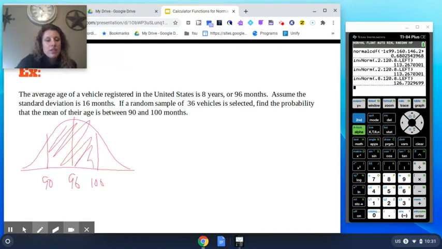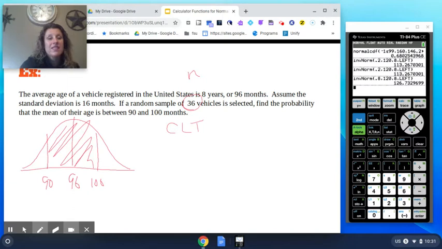However, we're not just selecting a randomly selected vehicle, we're selecting a group of 36 vehicles, that's n, and we want to find the probability that their mean is between 90 and 100. So central limit theorem comes into play here. Anytime we have a group of individuals and we're trying to find the probability that that average is between certain values, we have to make an adjustment to the standard deviation.